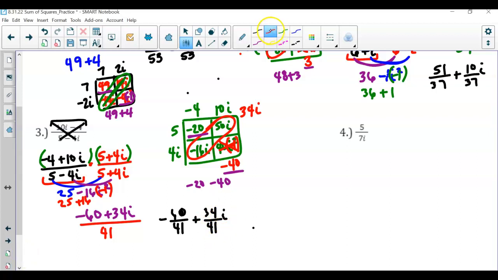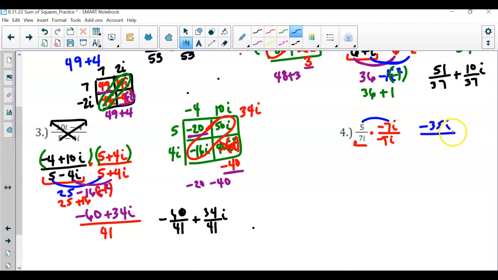And with our last one here, our denominator is 7i. So the conjugate of positive 7i is negative 7i, so we're going to multiply by negative 7i. Here now, you're just multiplying 5 times negative 7i in our numerator, so now I've got negative 35i.